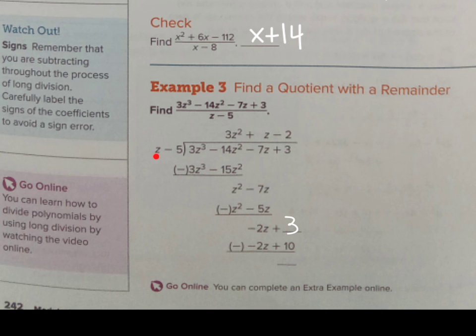But again, same process. What times z gives you -2z? That would be -2. -2 times z, -2z. -2 times -5, positive 10. And now we're subtracting. -2z minus a -2z is gone, 0. 3 minus 10 would be -7.